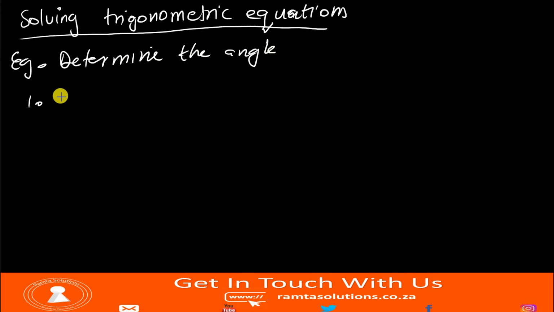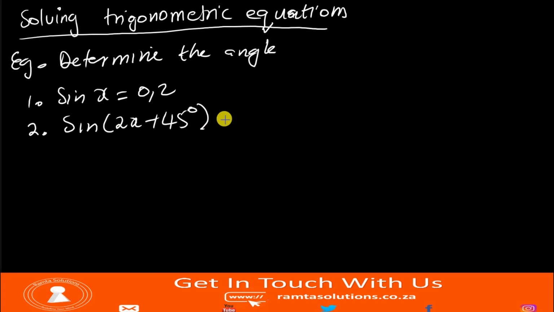Number one, we're looking at sine x equals 0.2. Number two, sine of 2x plus 45 degrees is equal to 0.123.